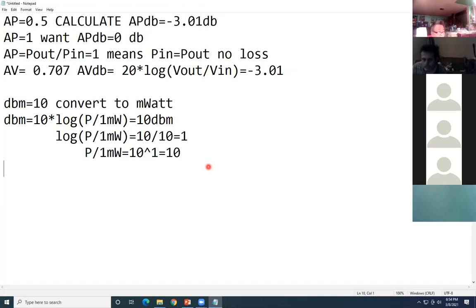So that tells you P equals 1 milliwatt times 10, equal 10 milliwatt.